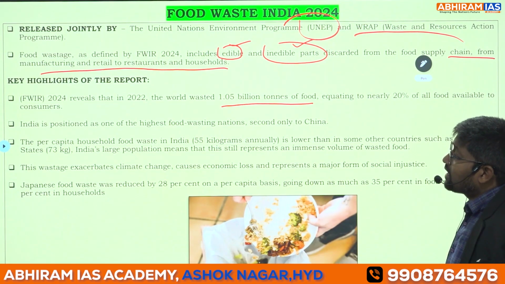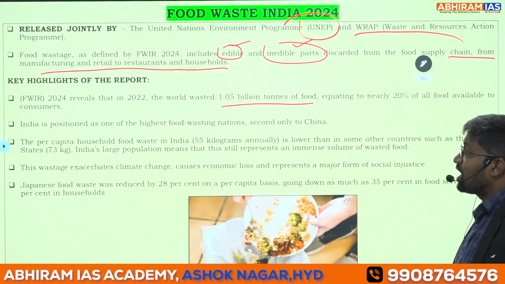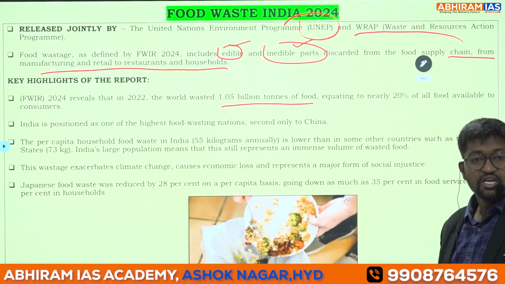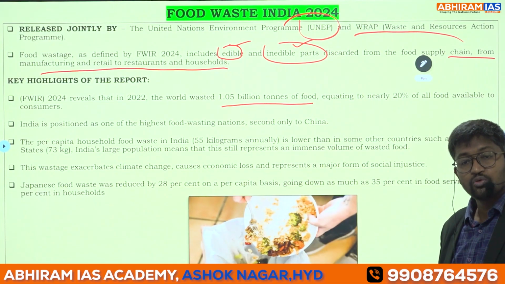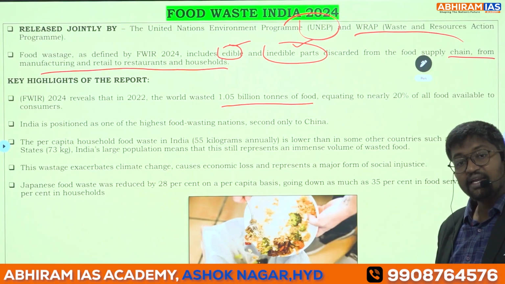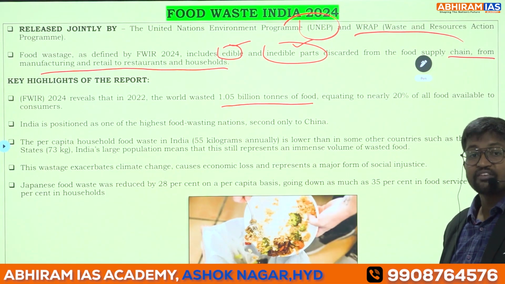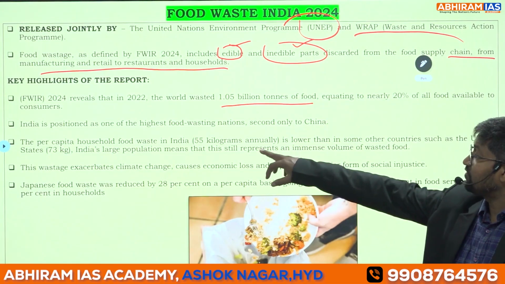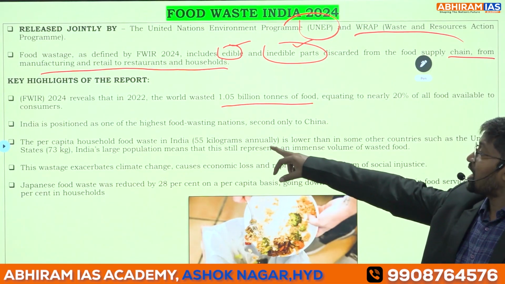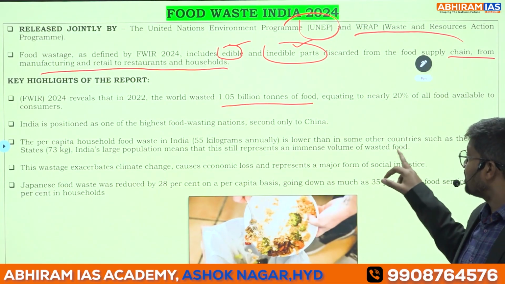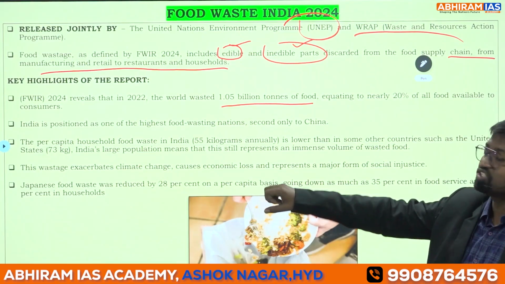Now, the per capita household wastage in India. Here you have to be very careful. Although in overall volume India is second, after China, when it comes to per capita wastage, India wastes 55 kilograms annually, which is lower than some other countries like the United States.